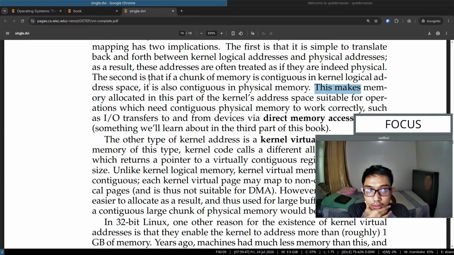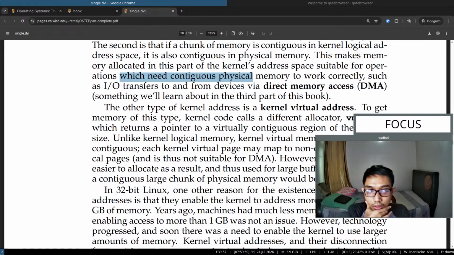This makes memory allocated in this part of the kernel address space suitable for operations which need contiguous physical memory to work correctly, such as input-output transfers to and from devices via direct memory access, DMA.